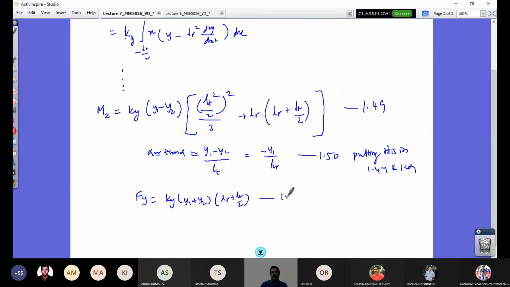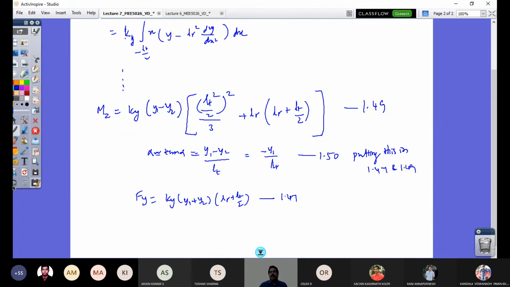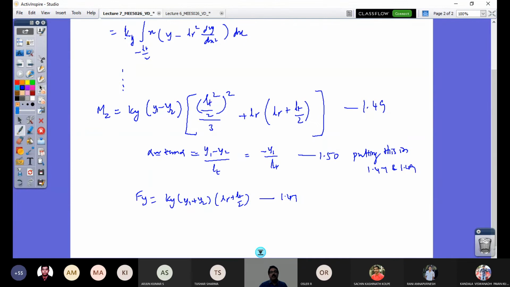So this is 1.47. In this y1 plus y2, how do I substitute that here? What is the manipulation that I can do? Let me take this equation 1.50.